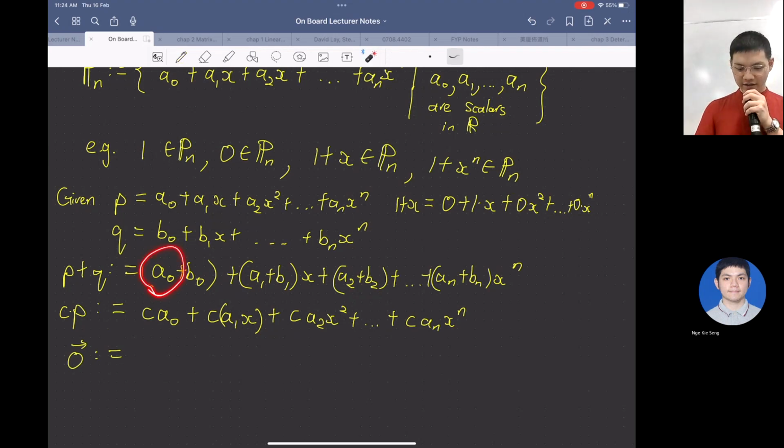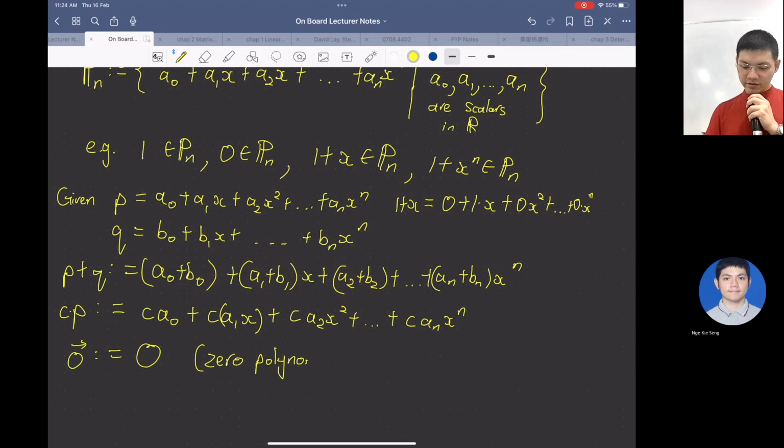What's the thing that you add to a0 to get back a0, add to a1 to get back a1, add to a2 to get back a2? The zero polynomial.